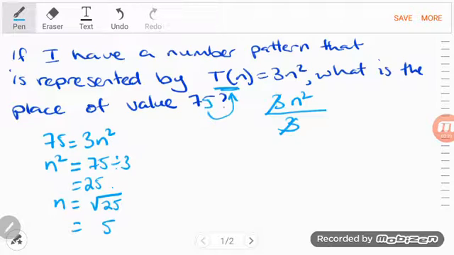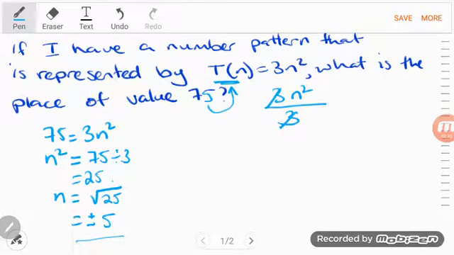But this could be either positive or negative 5, because two negatives make a positive. So we're going to have the plus or minus sign here. That's our answer. So our sequence number, our place value of 75 is going to be, well, can't have a negative number of a sequence, can we? So it's got to be positive 5.